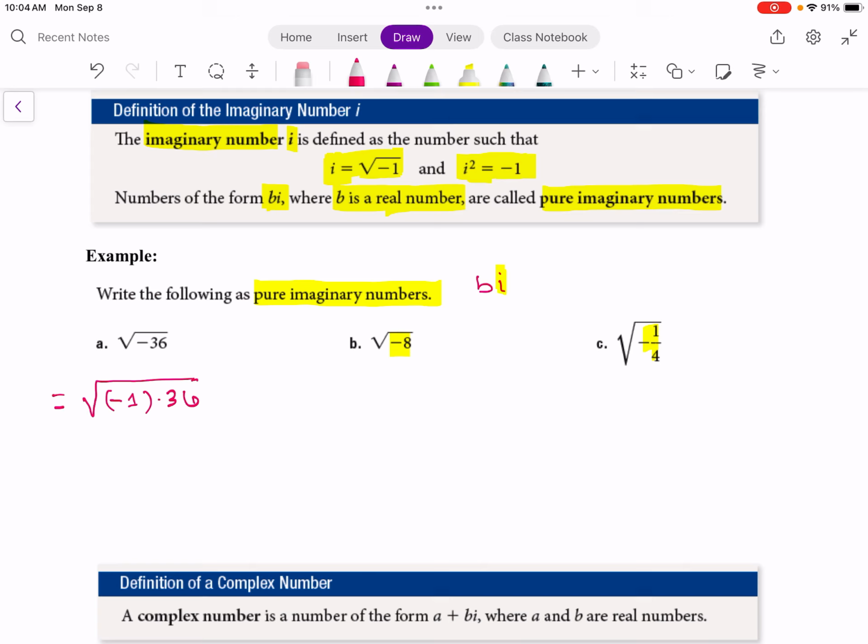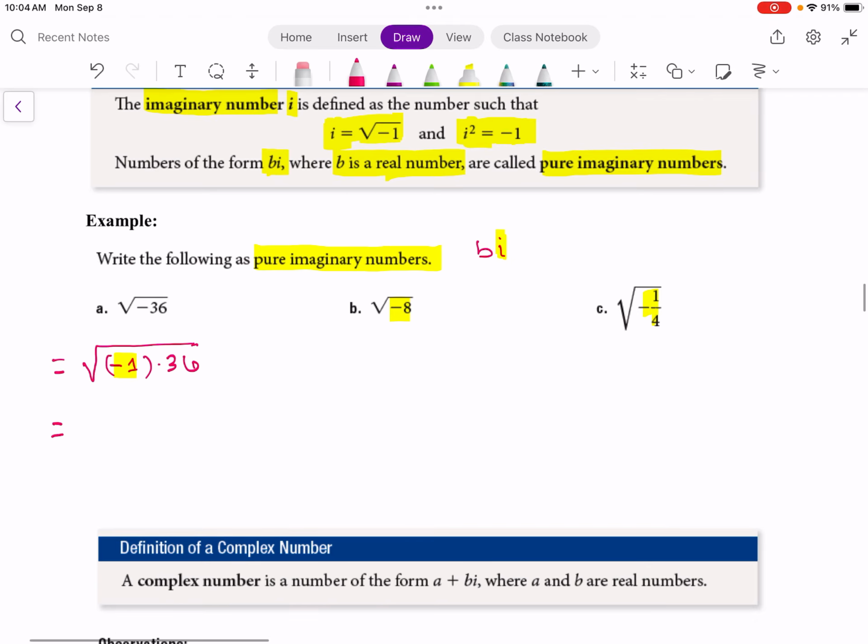These are exactly the same thing. Now what do we know about -1? Our -1 is i squared. So let's replace our -1 by i squared, and we have 36 as it is, and let me rewrite 36 as 6 squared.